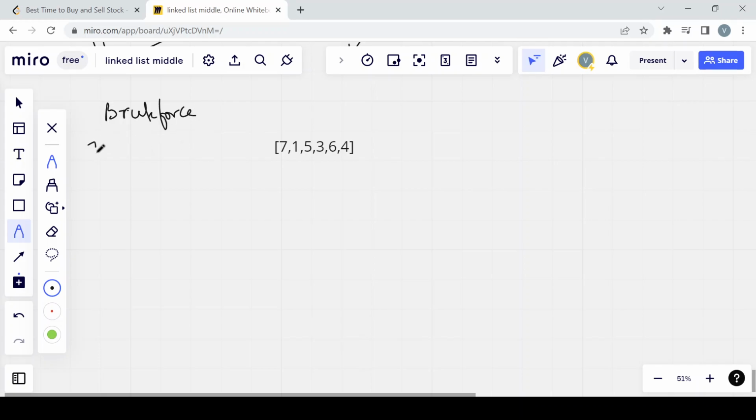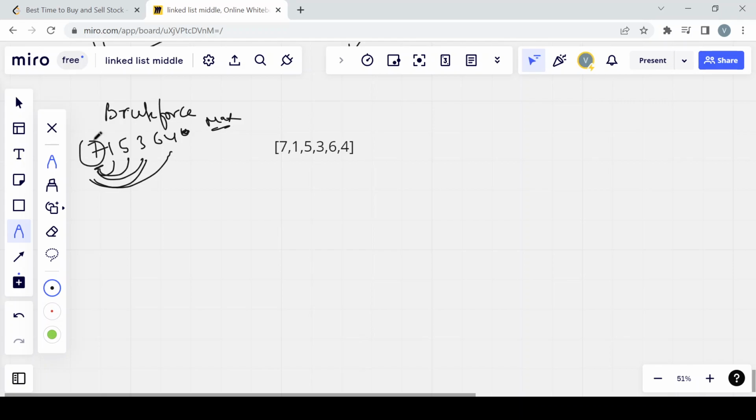We take our first element, compare with the next elements, and so on. Keep on comparing and keep on updating the max.